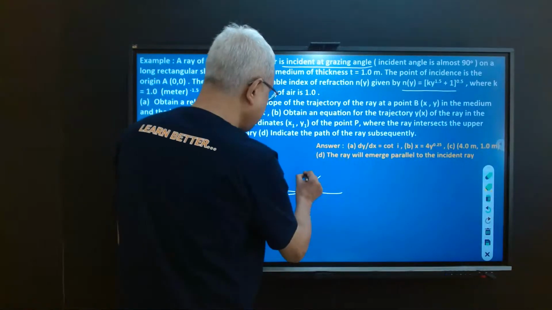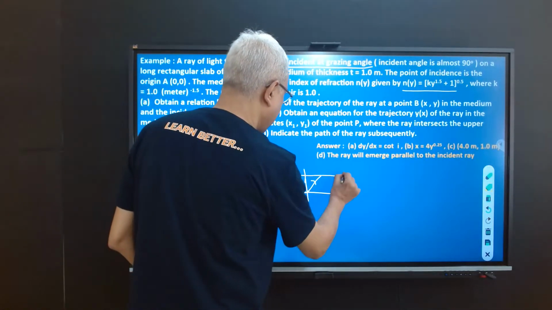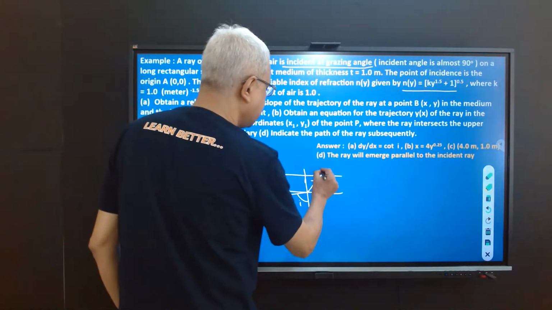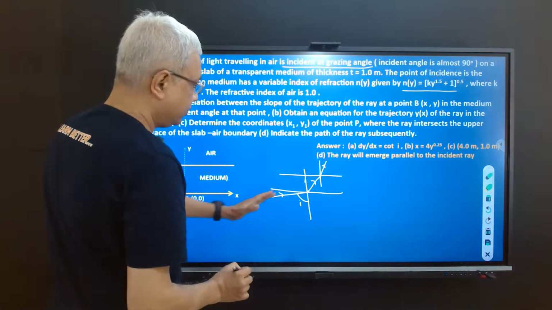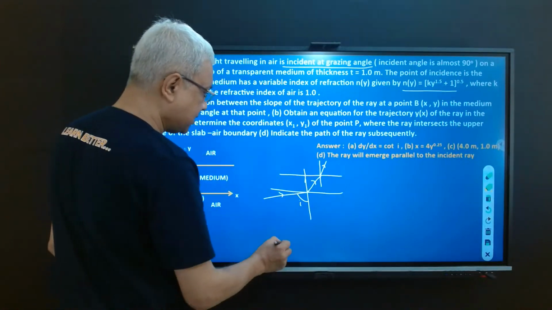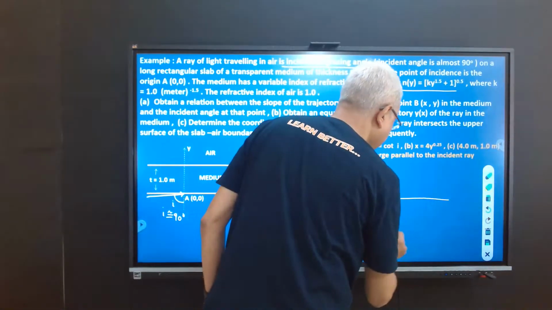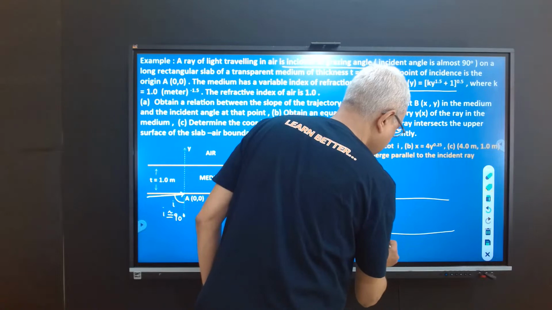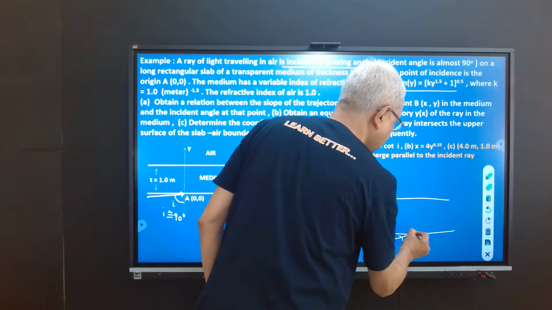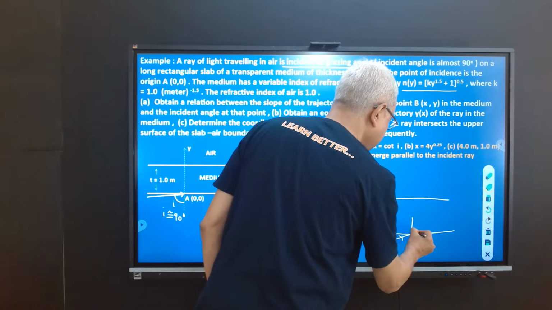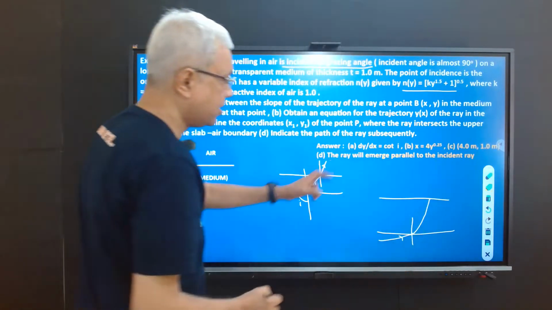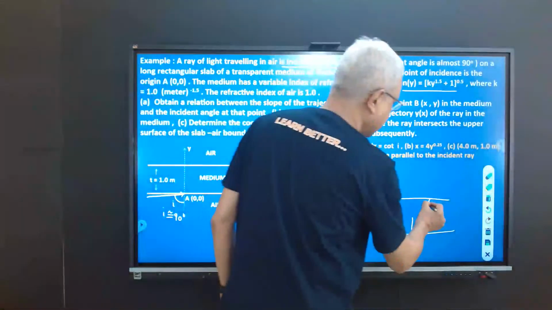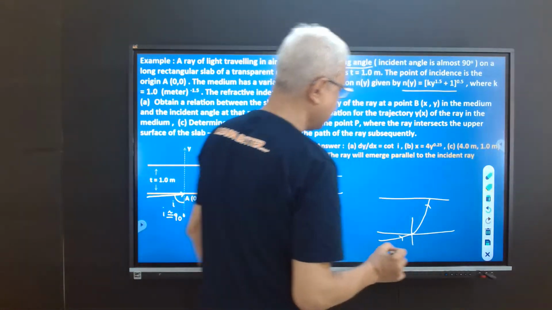And since the media is continuously changing, it is again coming nearer to the normal. As a result, between the boundaries of the slab, if the ray enters like this, the ray direction continuously changes, and finally it strikes the upper interface between the medium and the air.